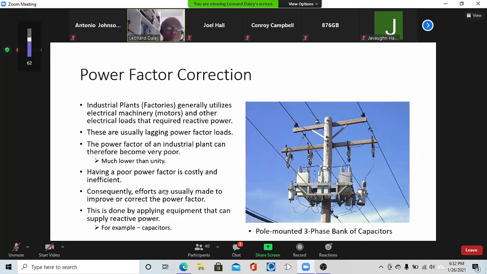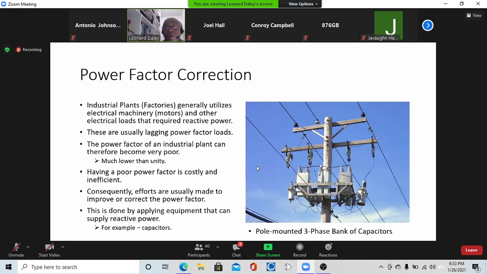The incentive basically is that you pay less for your bill, your light bill, and your power demand and all those things. So there's an incentive to have a better power factor. Plus, you want to improve your operational efficiency.